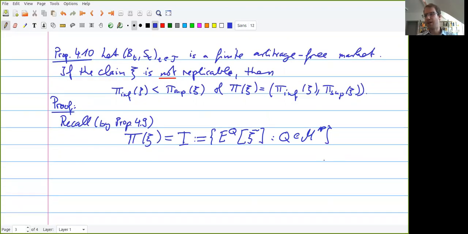Right. This is what we have already shown. And now we want to show that the set I is the same as the set of arbitrage-free prices. So it's enough to show that the set I here is an open interval given by these two prices. Right. Step one.